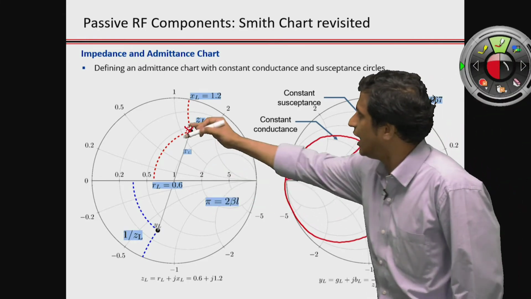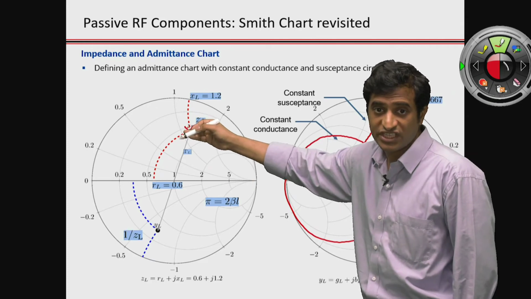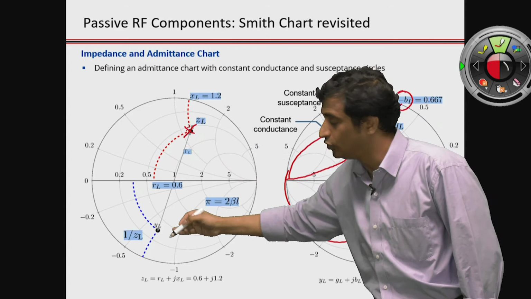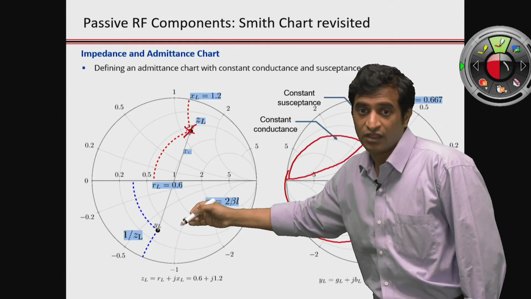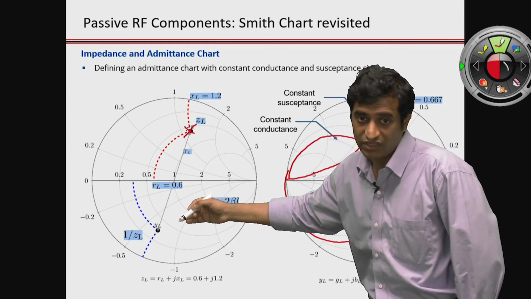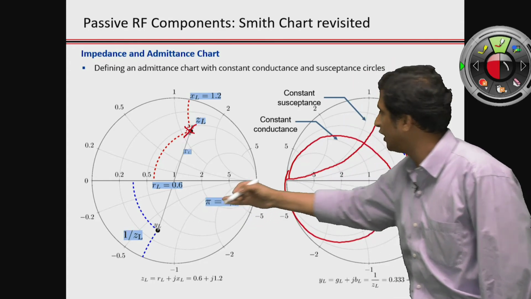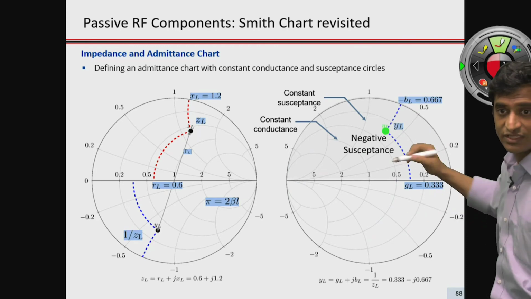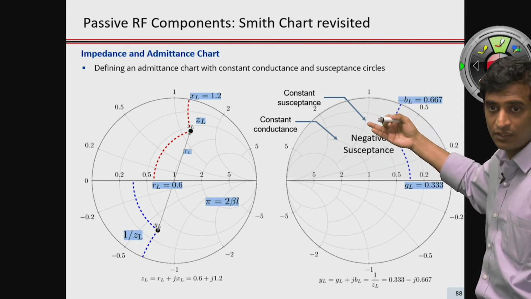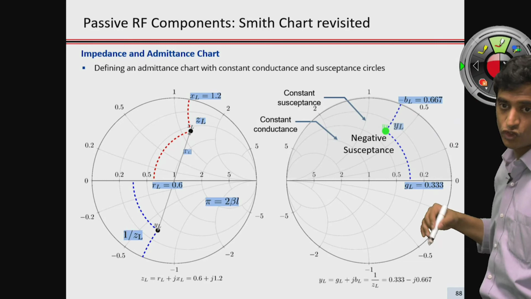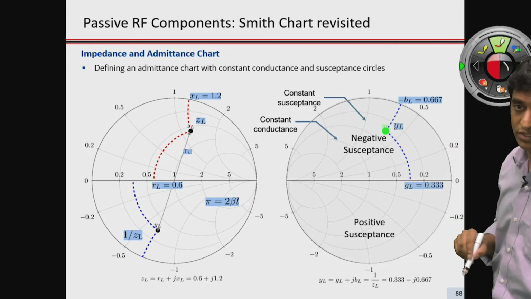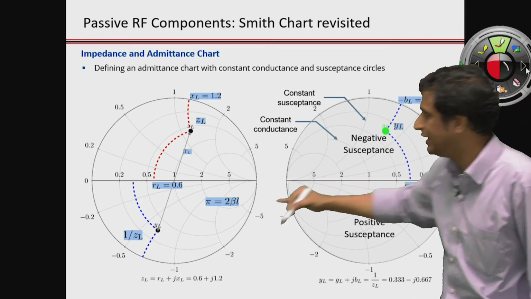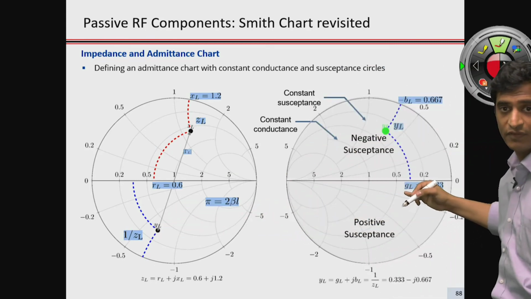We know that the upper half of the impedance chart is inductive, having positive reactance, and the lower half has negative reactance, meaning it is capacitive in nature. Correspondingly, in the admittance chart, the upper half has negative susceptance and the lower half has positive susceptance. So still the upper half region is inductive and the lower half region is capacitive.